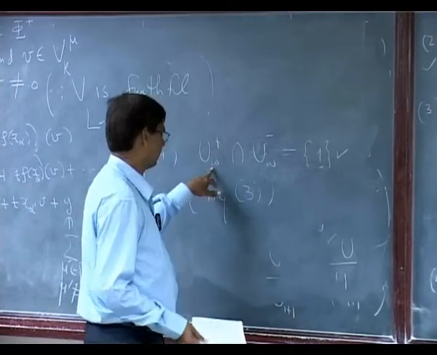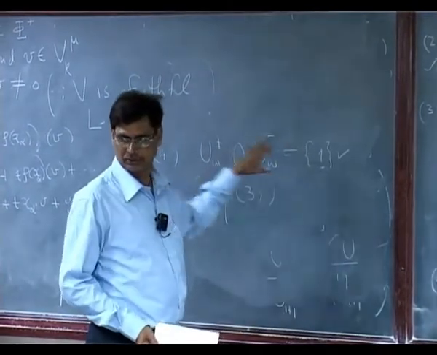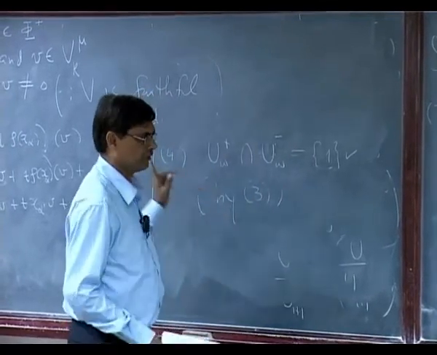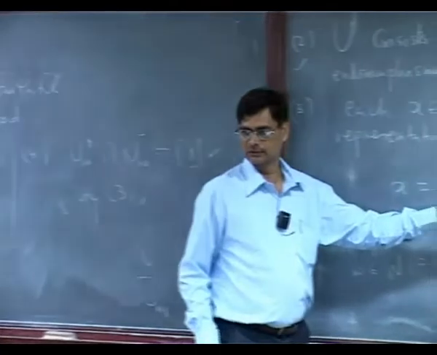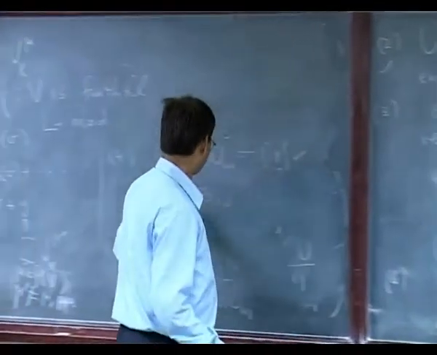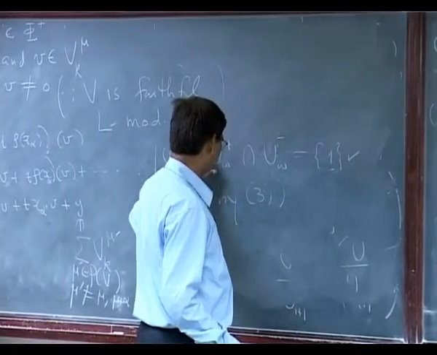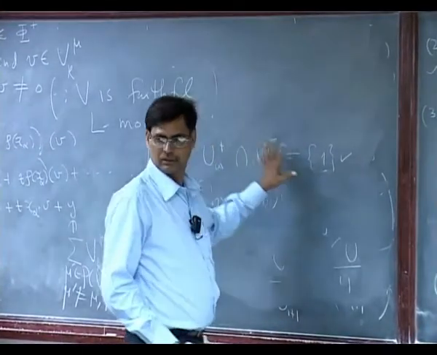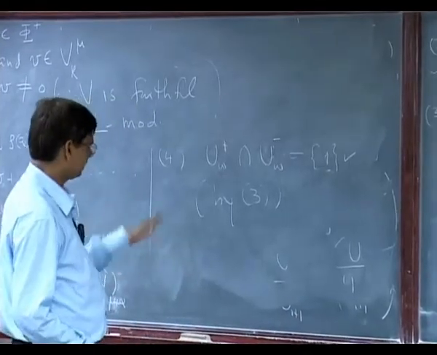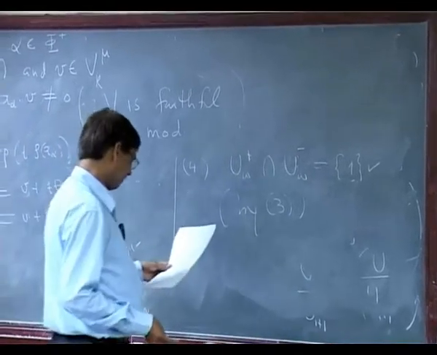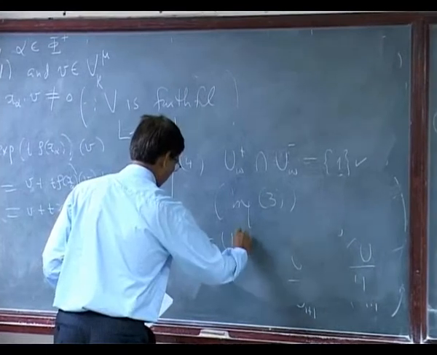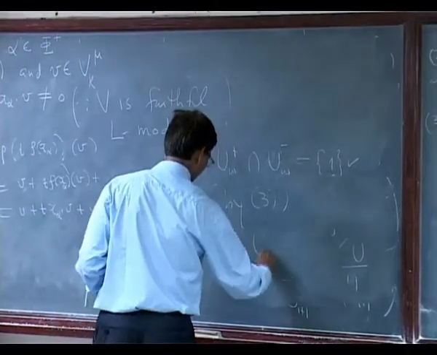For one w making positive, the other w making negative. And you know that every element has a unique expression like this. So, once you have some alpha there, it cannot be some different alpha in the expression. Therefore, this intersection is trivial.